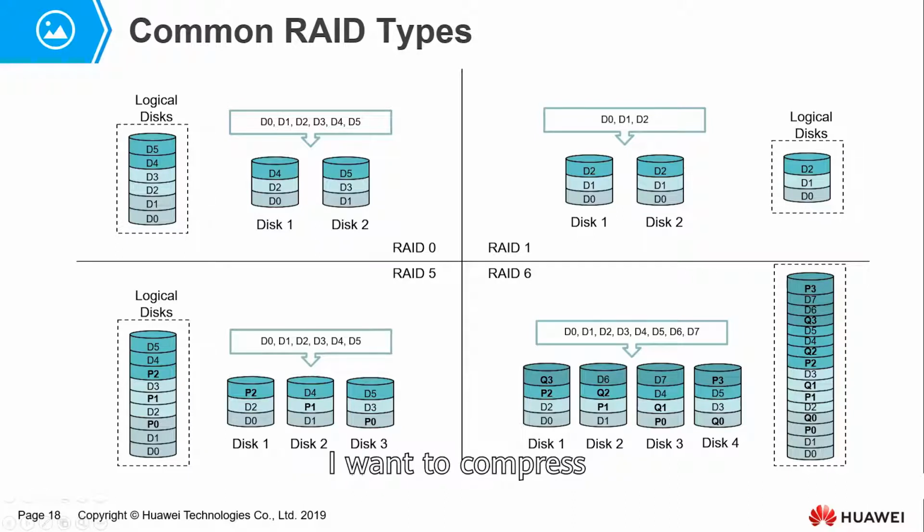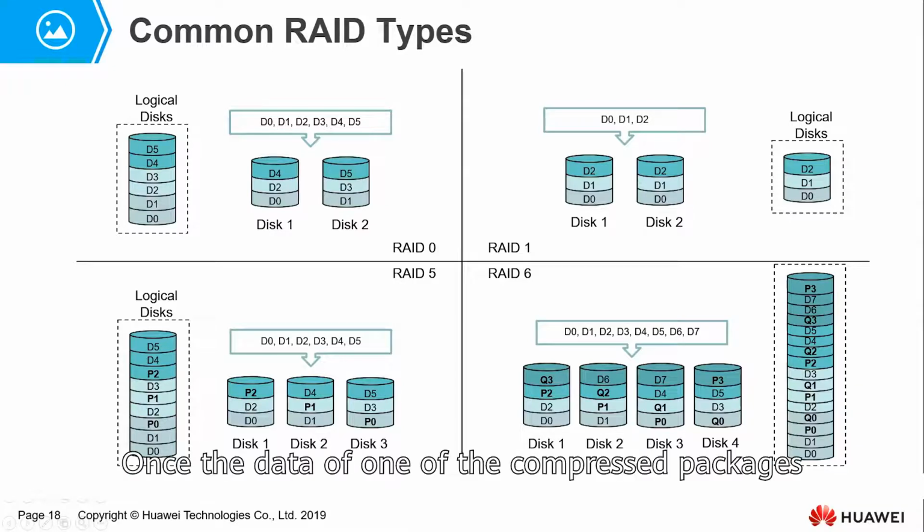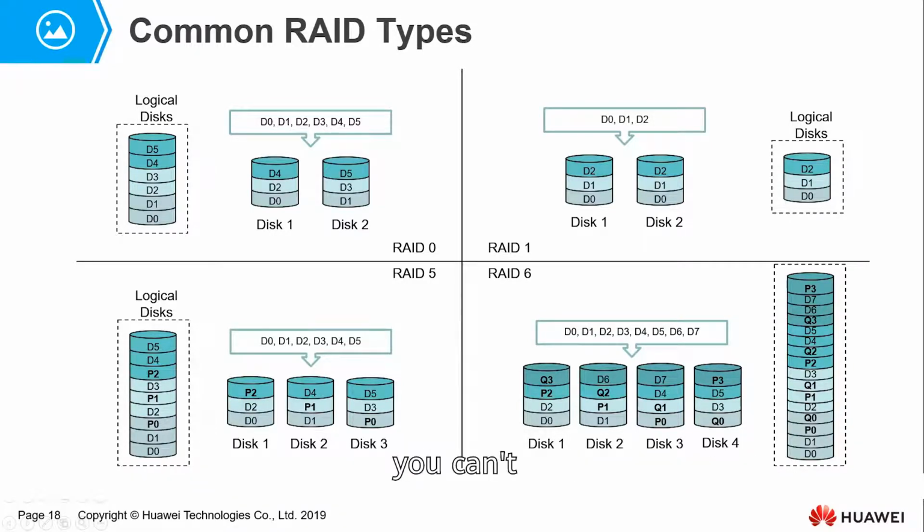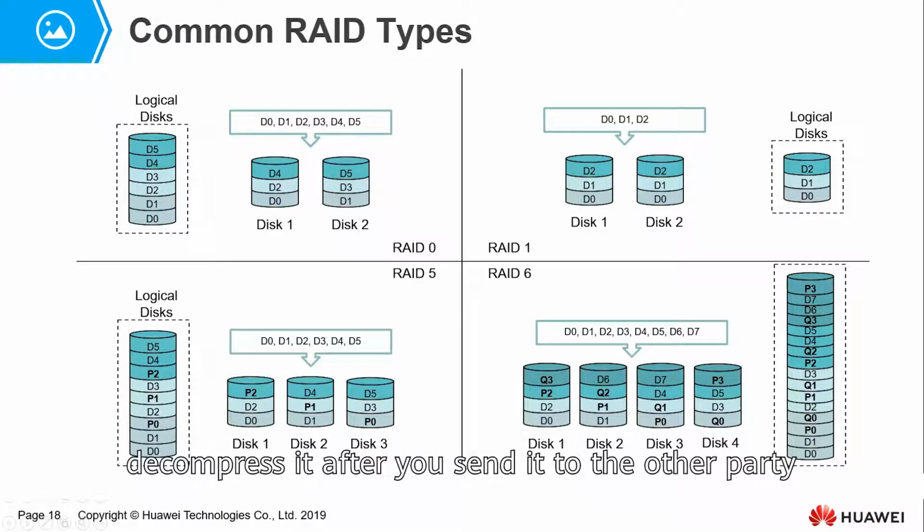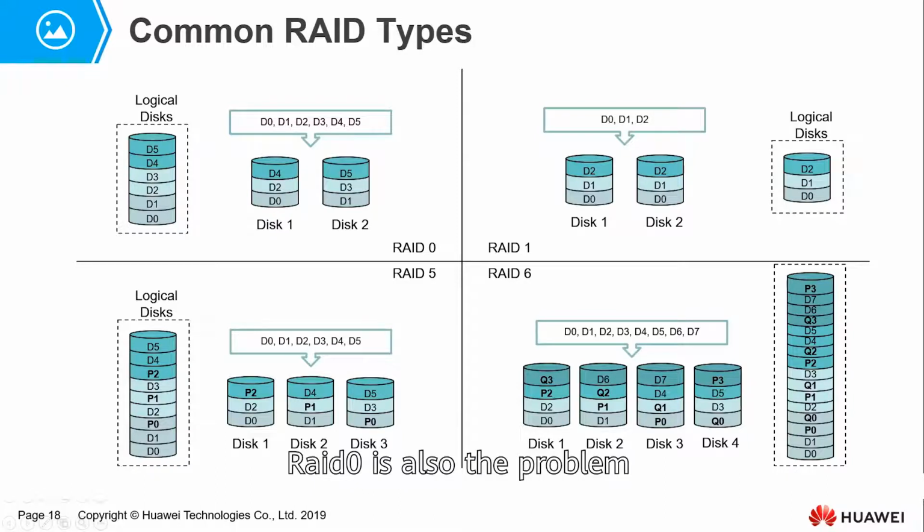I want to compress this file into two compressed packages. Once the data of one of the compressed packages is broken, you cannot decompress it after you send it to the other party. RAID 0 has the same problem.